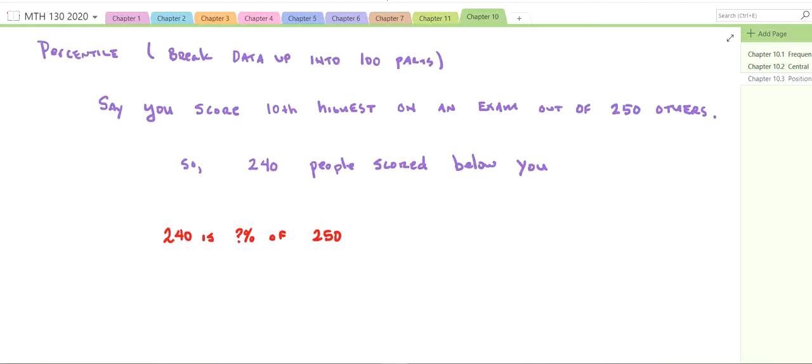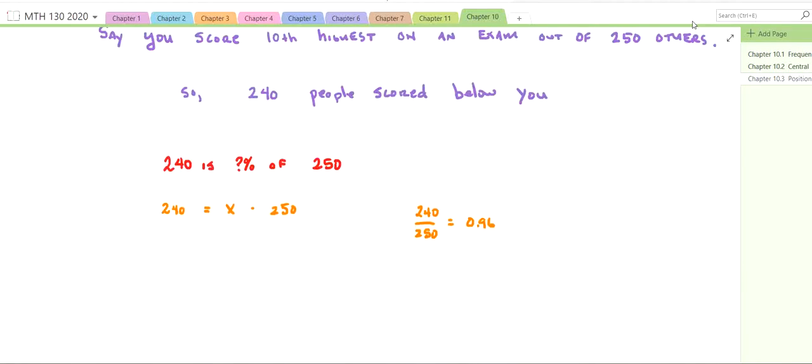So that's our question. 240 is what percent of 250? Essentially, we want to solve this algebraic equation: 240 equals x times 250. So with simple algebra, naturally, this is 240 over 250, which is 0.96, or 96%.